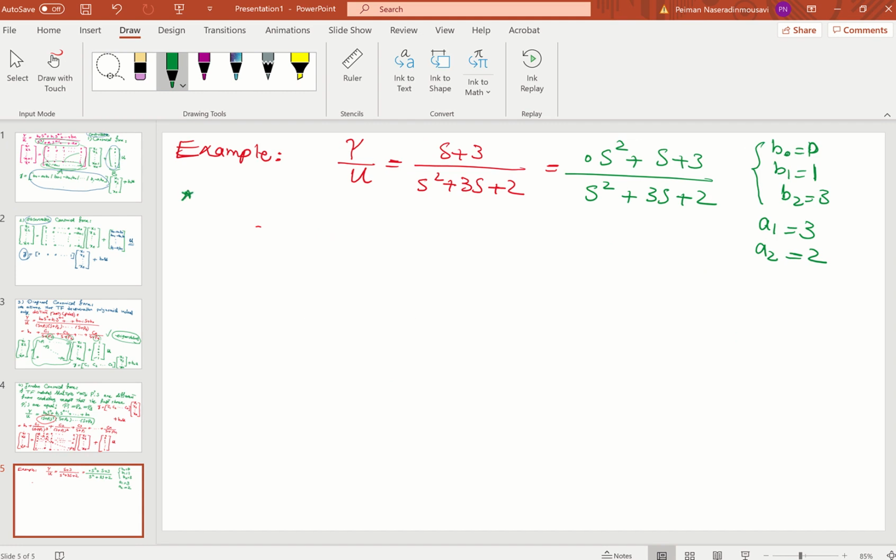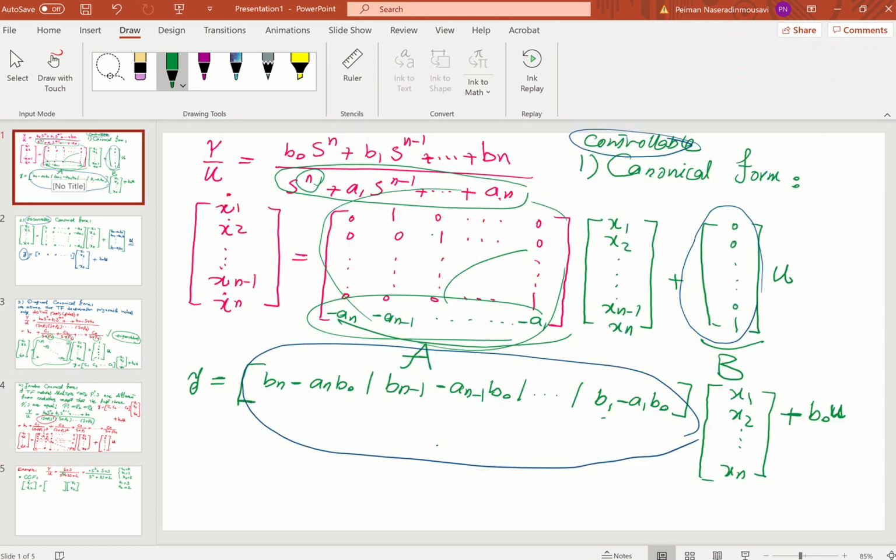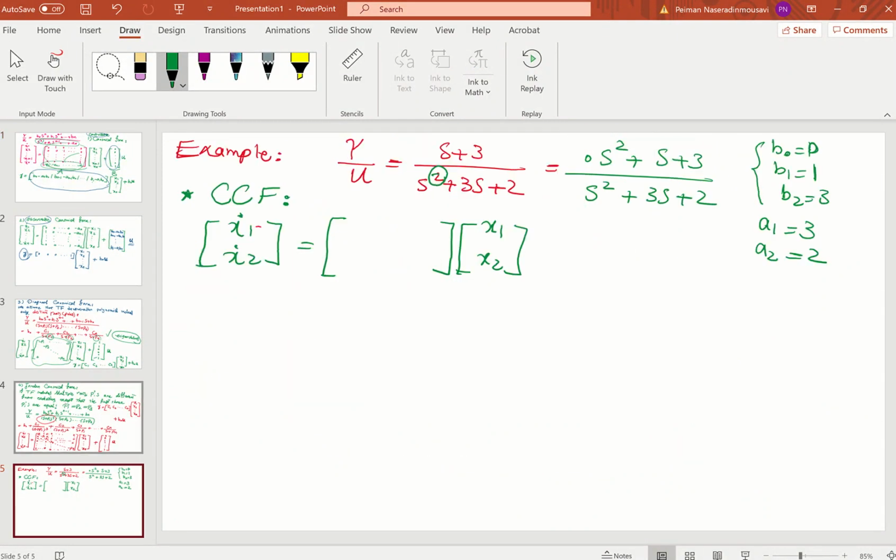So in the controllable canonical form, I'm saying CCF, the first case. Because your system is second order, you're going to have two state variables, x1 and x2, where x dot 1 is equal to x2. So the first row is 0, 1.